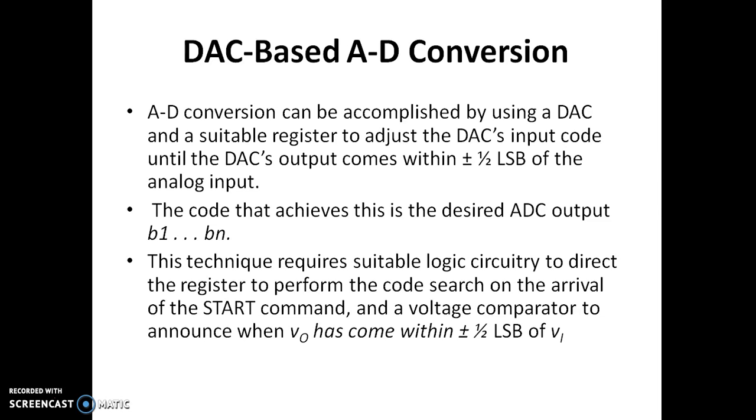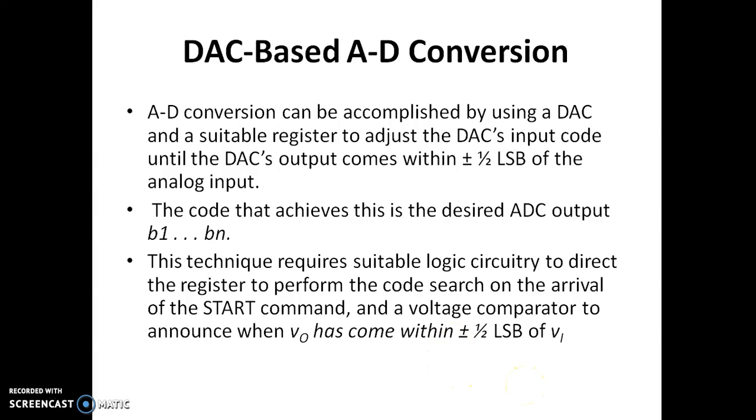Now the ADC will start operating, and it is searching for that code where it should give the corresponding digital output for that given input voltage. The code search will stop whenever that code is equal to the input voltage within plus or minus half LSB.